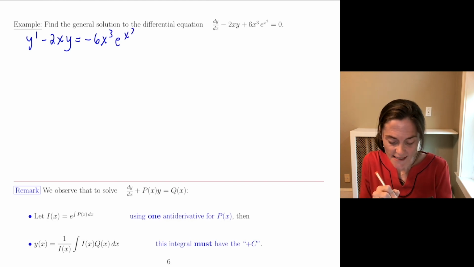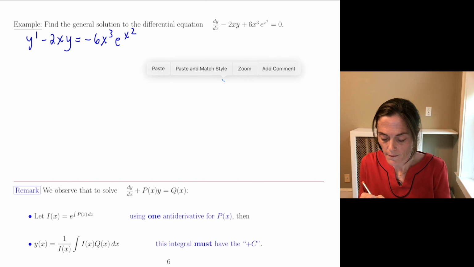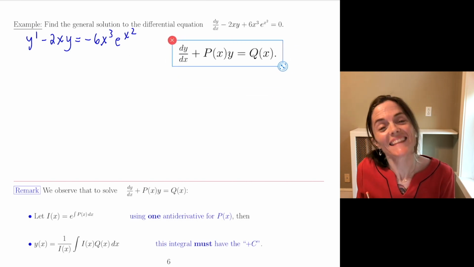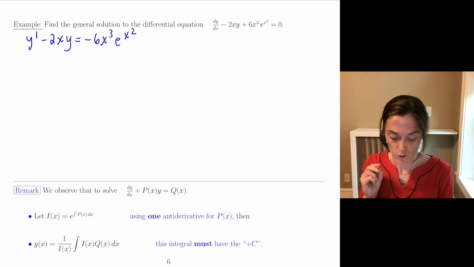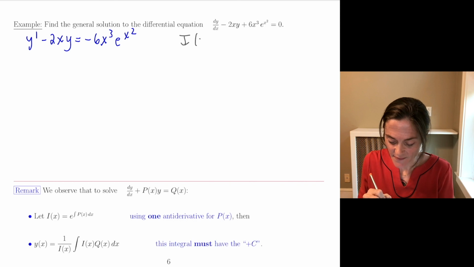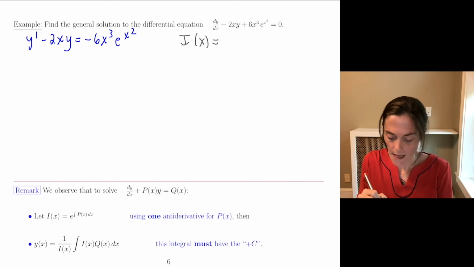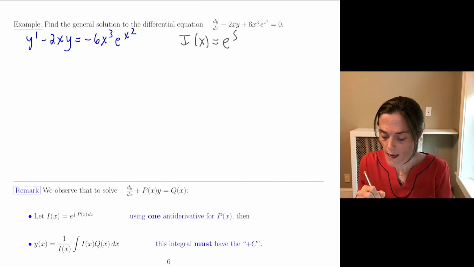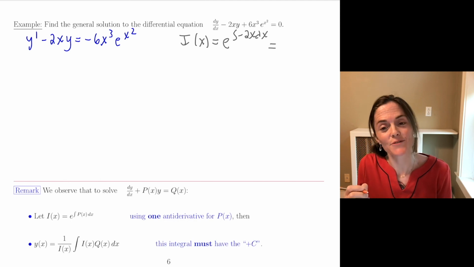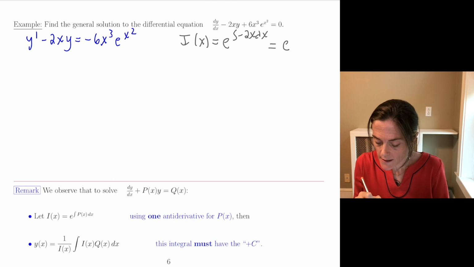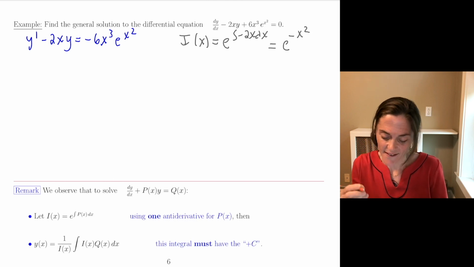So now I have it exactly of this form that we're wanting when we look at a first order linear differential equation. Okay, so my integrating factor, I of x, we take e to the integral of minus 2x dx. Really, we need one antiderivative, which would be negative x squared. So this is e to the negative x squared.